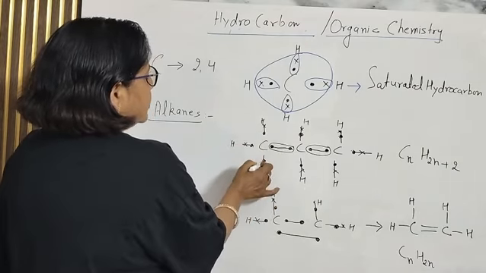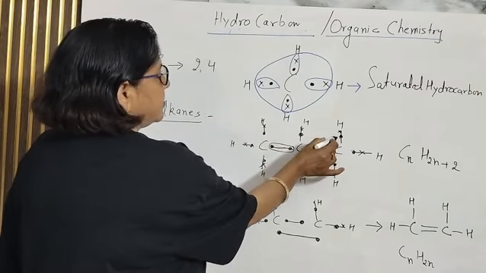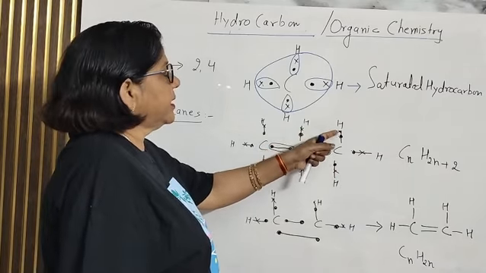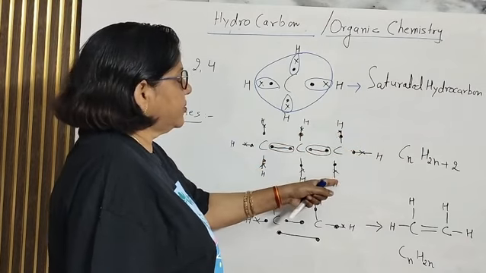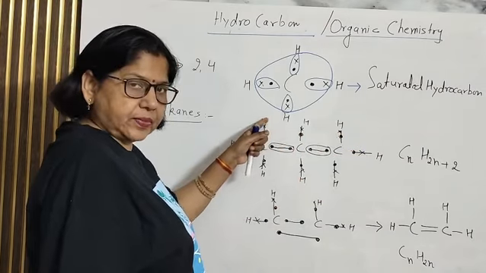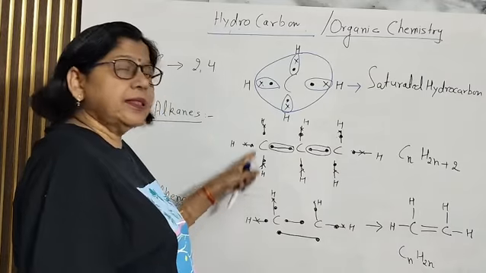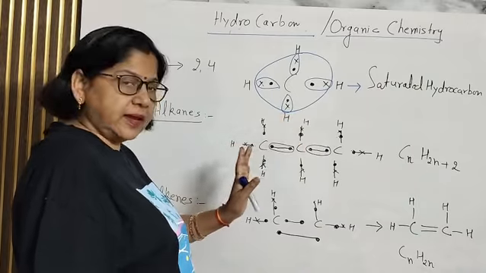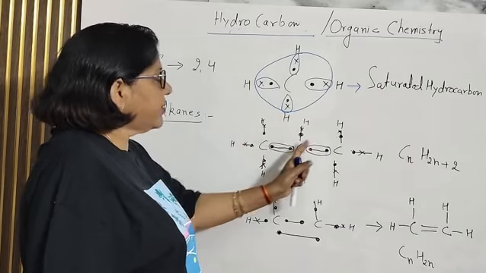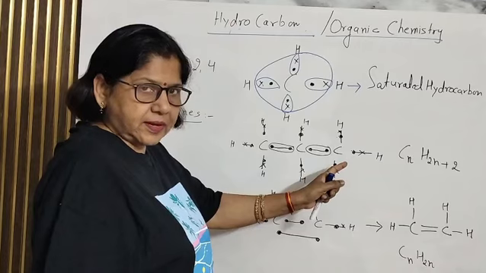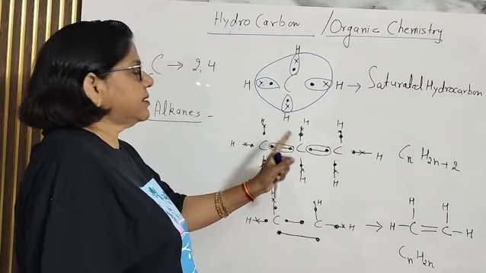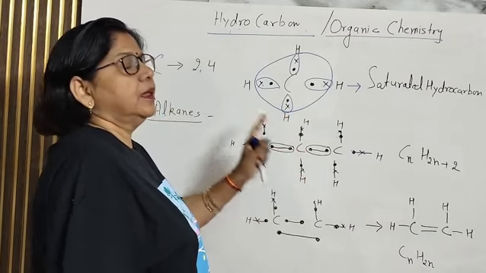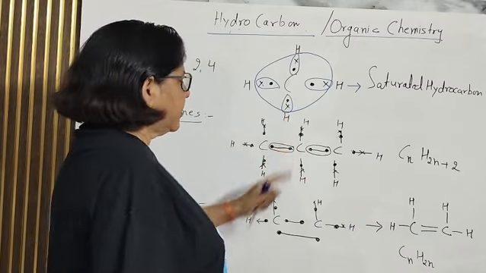Now the rest of the electrons of these carbon atoms combine with the different electrons of individual hydrogen atoms. Agreed? In that way the duplets of hydrogen are complete, and the octet of every carbon atom is also satisfied.